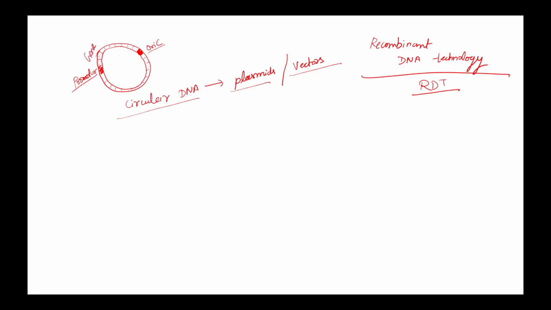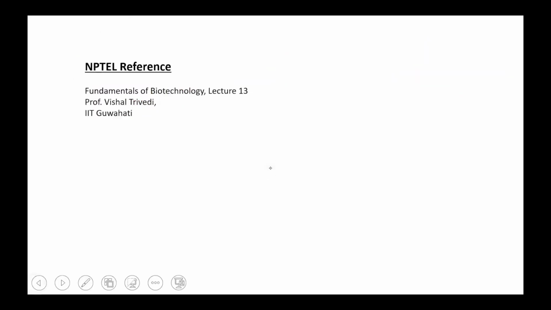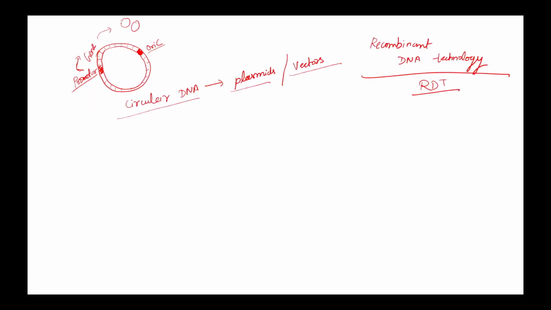So whenever the promoter is active, it will start producing that gene product, and that gene product can be used inside that host cell for our specific purpose.